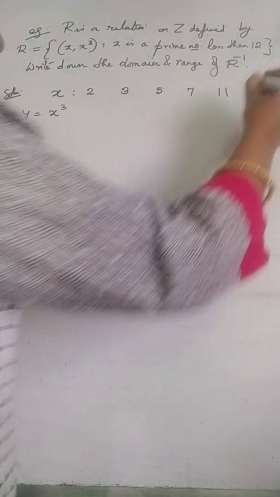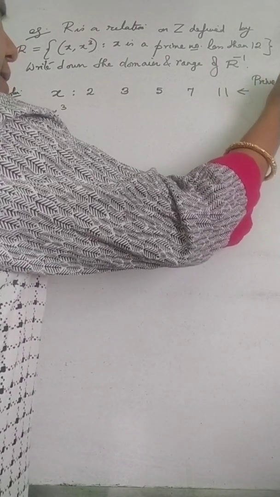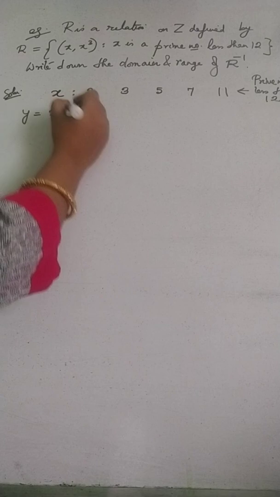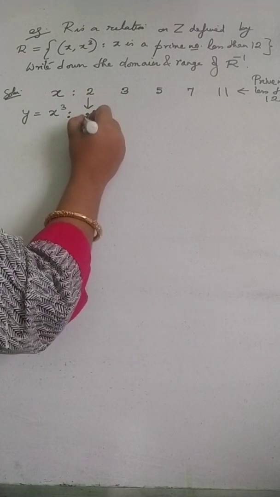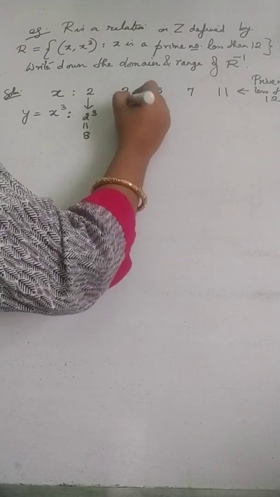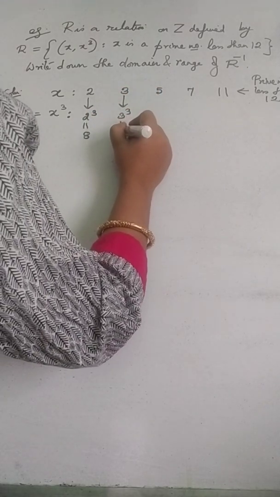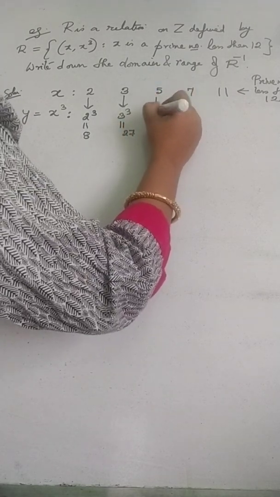So these are the prime numbers less than 12. This is what we have chosen as x. So what are the corresponding values of y? This will be 2 cubed, that is 8. For 3 you will get 3 cubed, that is 27. For 5 it is 5 cubed.